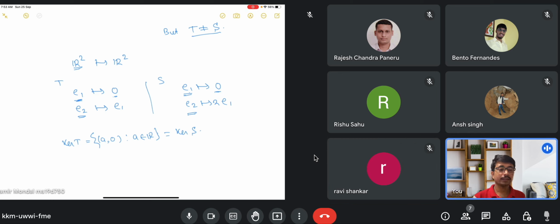No, I am telling that if both kernel and image are the same, that time this map may not be the same. This is our observation here.